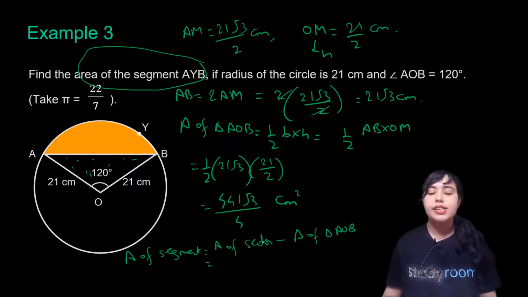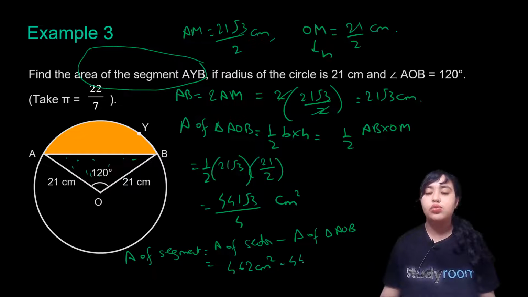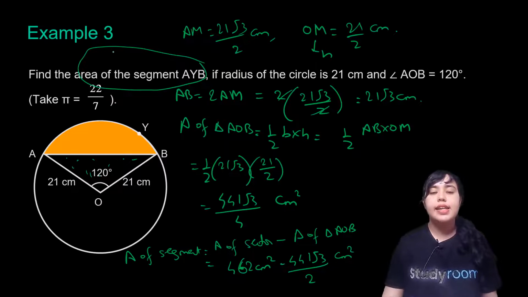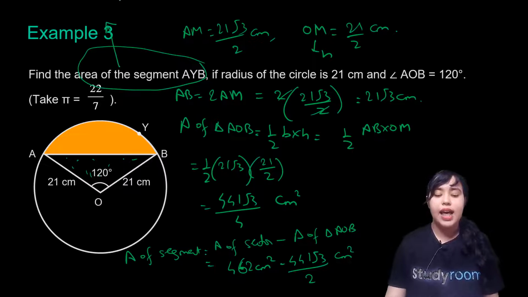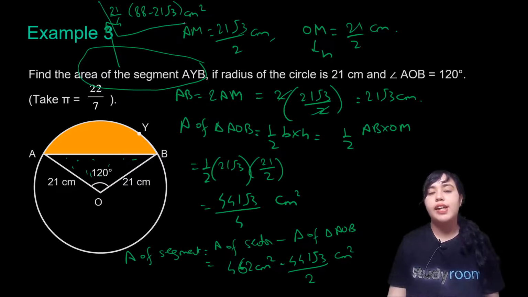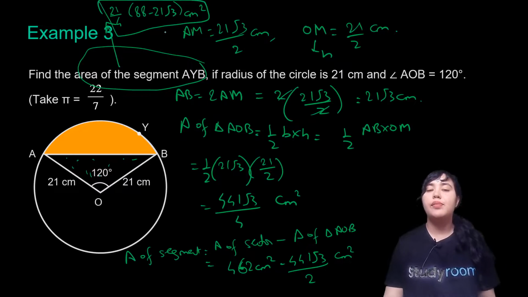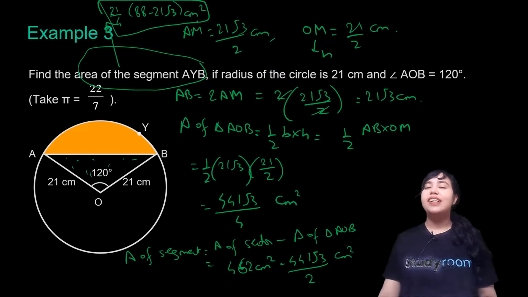We calculated the area of the sector as 462 centimeters square, minus 441 root 3 upon 2 centimeters square. When we take some things common and solve, we will ultimately get the area of the segment as 21 by 4 into 88 minus 21 root 3 centimeters square. So this is your final answer for the area of the segment, that is 21 by 4 into 88 minus 21 root 3 centimeters square.